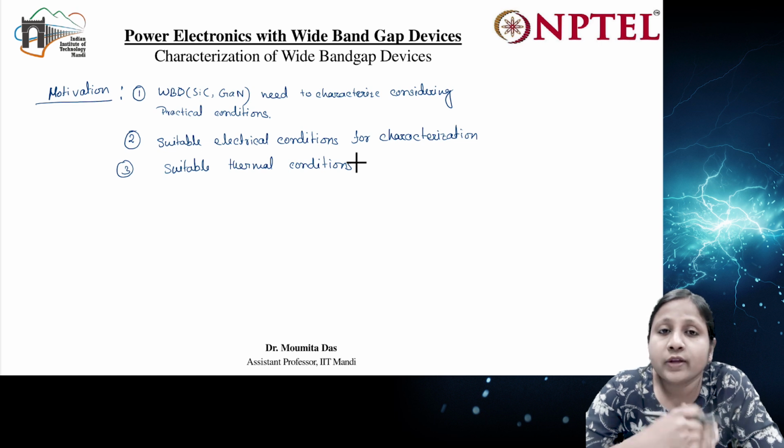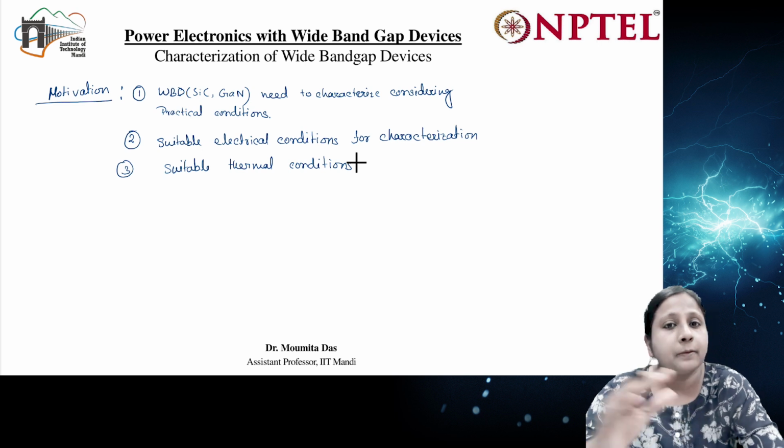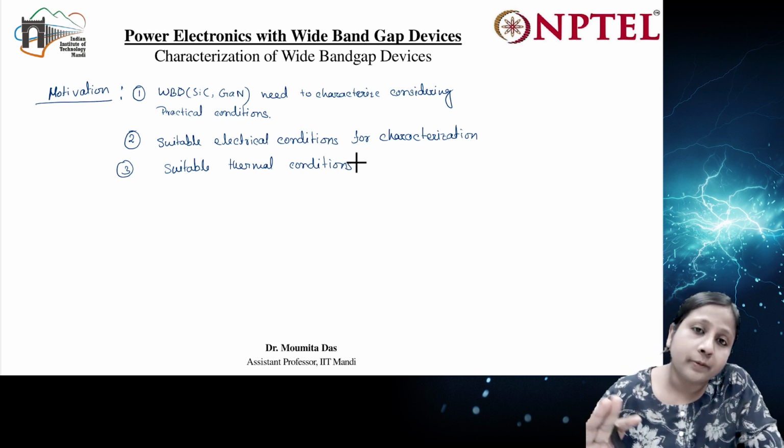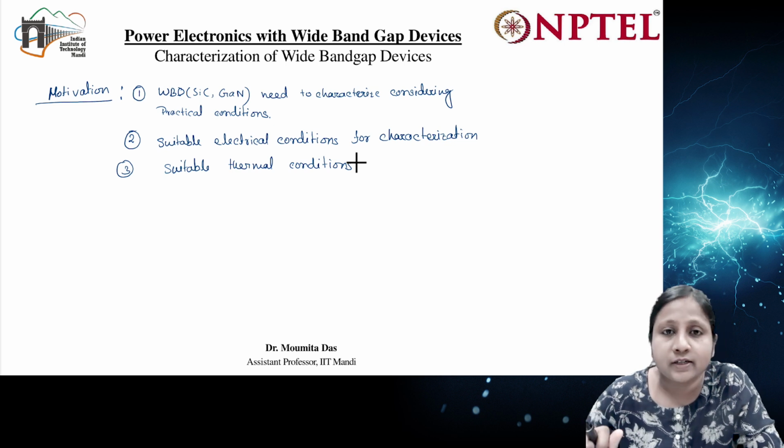Then we have to see, at room temperature, let's say 25 degrees Celsius, what the values of different parameters are. And similarly, for 50 degrees Celsius, what will be the changes in the parameters for that particular device?